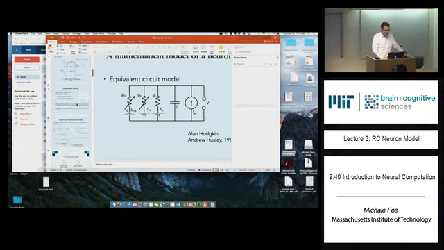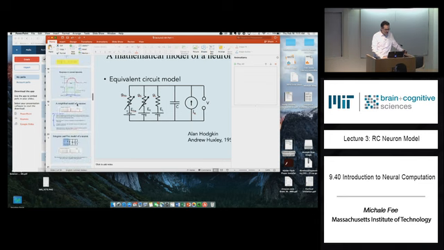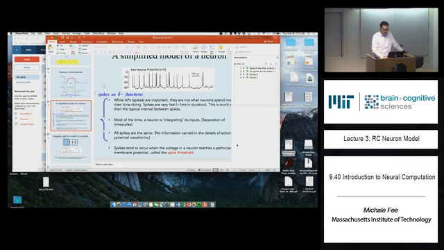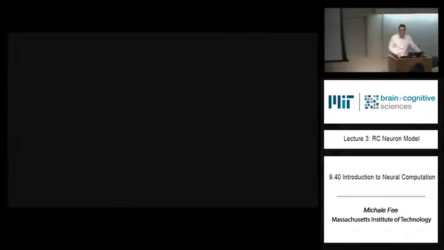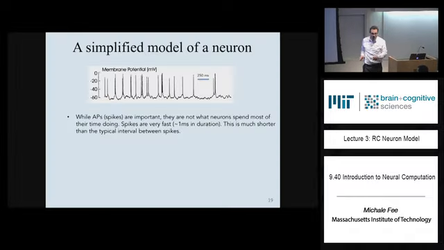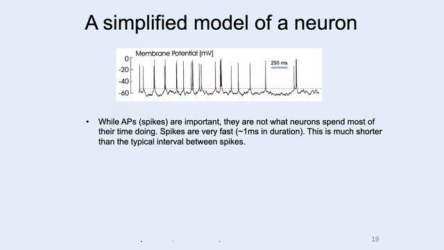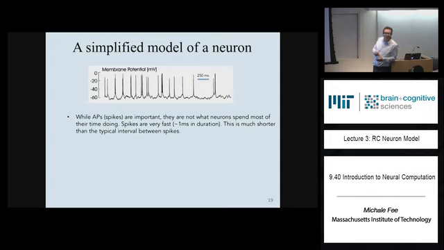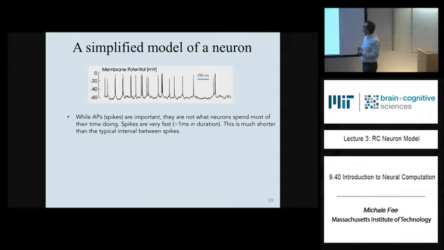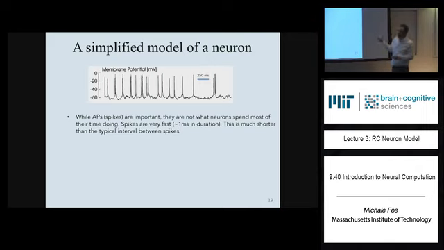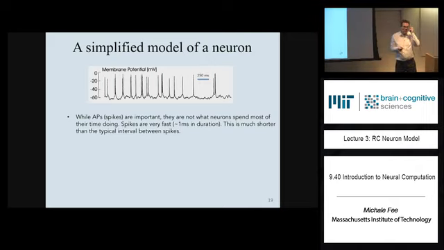But before we do that, we're going to talk about a much simpler model of how a spiking neuron behaves. Basically, instead of writing down a detailed biophysical model of action potentials, which is where we're heading, we're just going to ask some simpler questions about how a spiking neuron behaves. So notice that action potentials are really important, right?